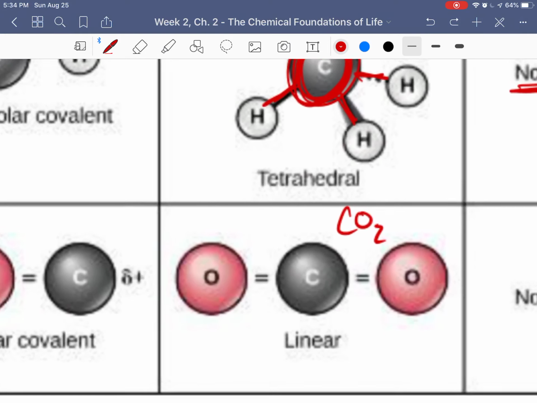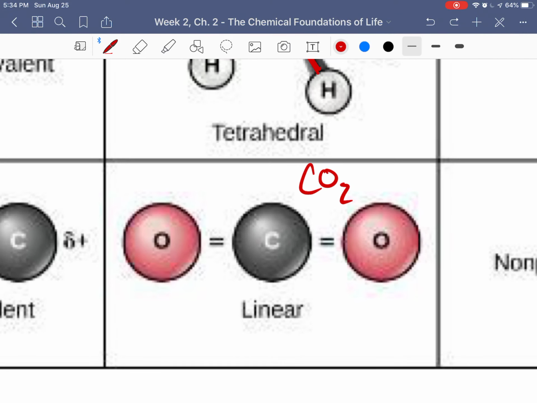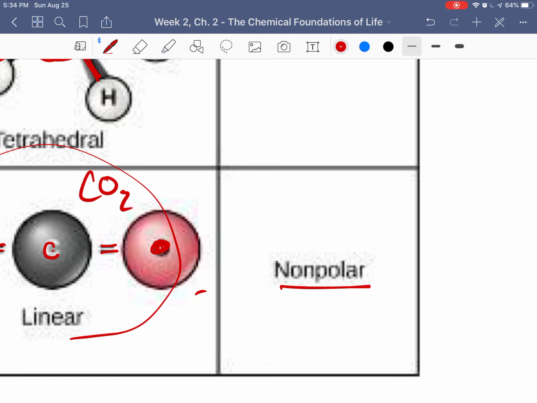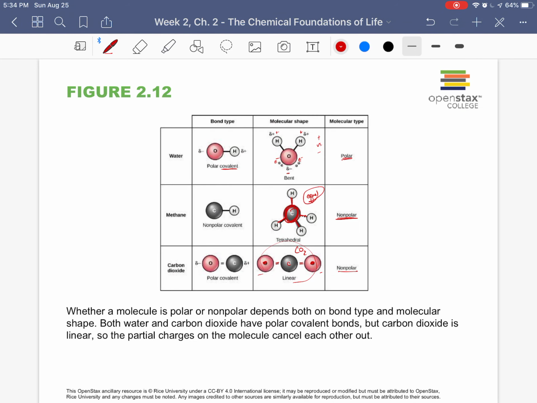But when we look at this molecule, the carbon right here is surrounded by the oxygen. So even though they're further apart on the electronegativity periodic table, even though they have different charges, because that carbon has an equal charge surrounding it all the way around, because it's the same, it's going to be nonpolar.